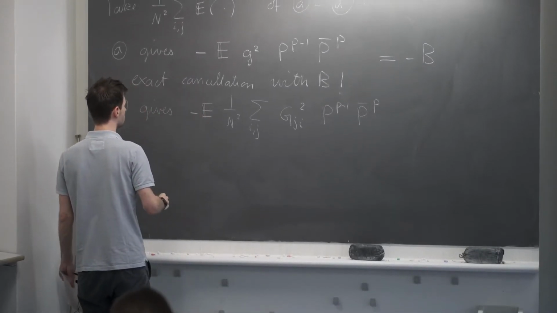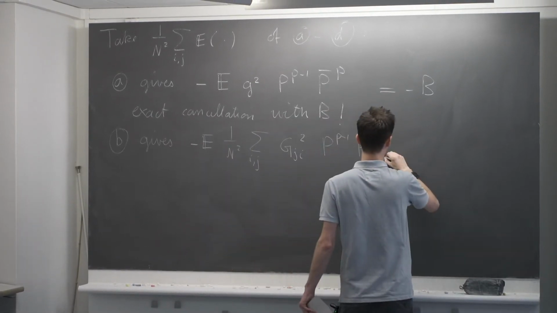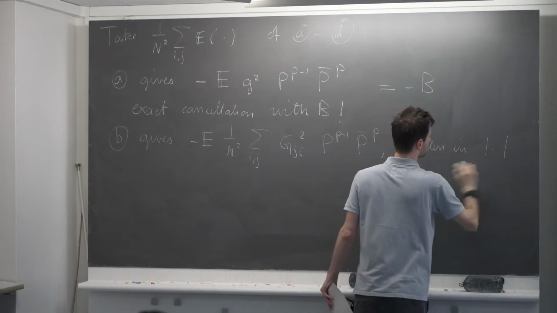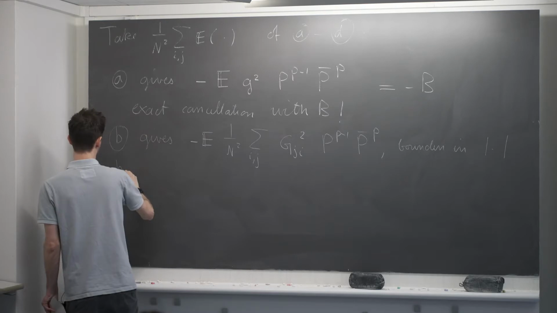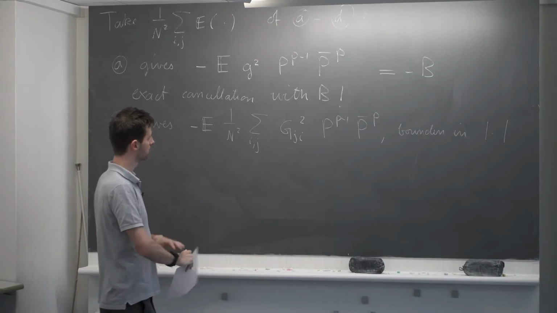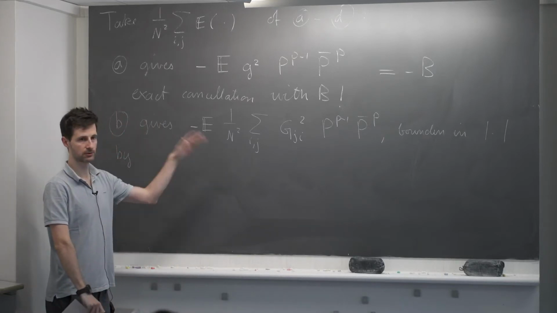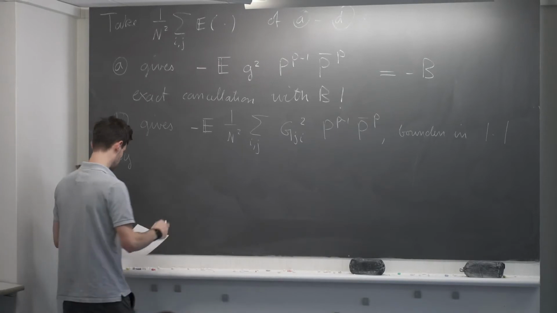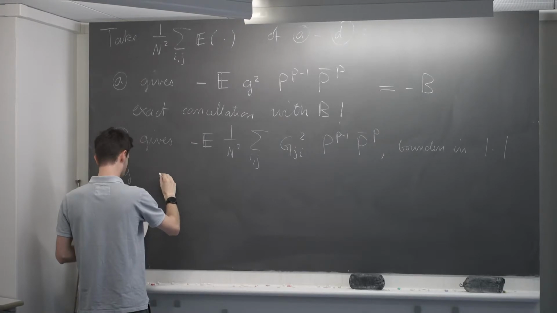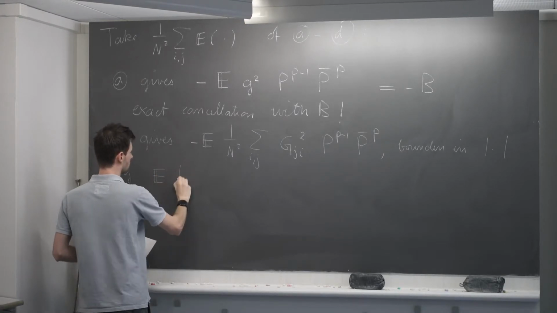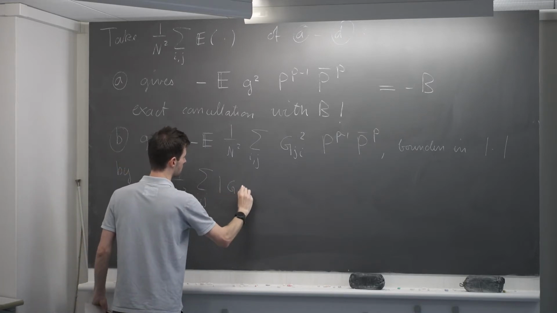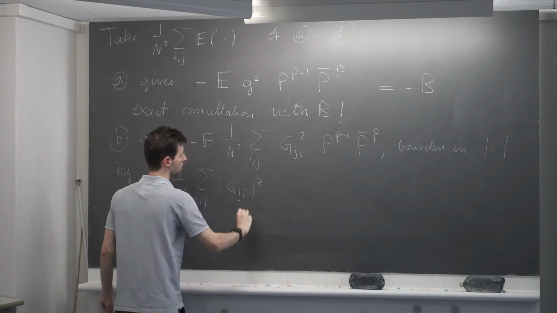So this is bounded in absolute value. Let me not try to be smart. I will just take the absolute value inside everything, inside the sum, inside the expectation. So I get the expectation of 1 over n squared, sum over ij, of |g_ji| squared.